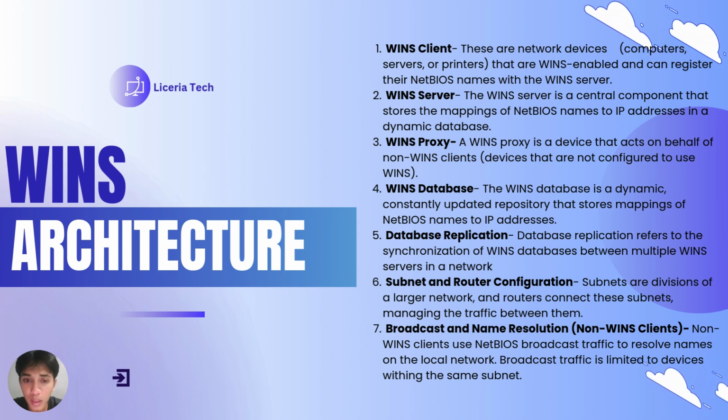Normally, computers can only find names on the same subnet because routers block broadcast messages. WINS solves this by using servers to help computers in different subnets find each other's names. So WINS clients or servers can work together even if they are on different subnets.